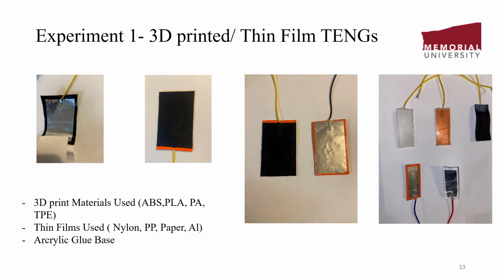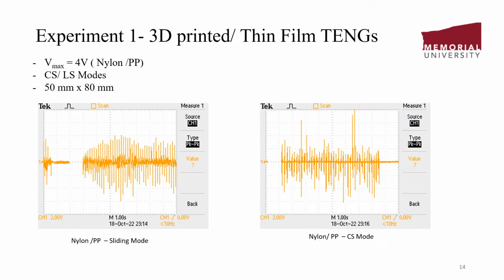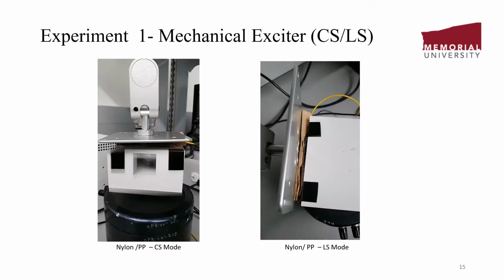So we developed 8 prototypes with combinations of each material and tested against sliding and contact separation mode. We achieved the highest voltage, that is 4 volt, from nylon and polypropylene in both contact separation and linear sliding modes. One of the drawbacks was that when we did hand tapping, the output voltage was not uniform.